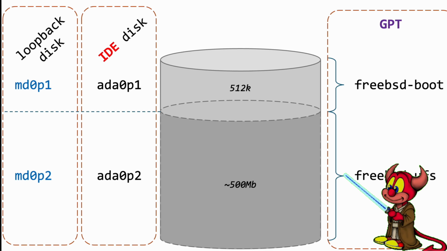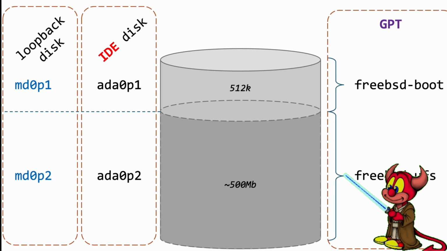And the other partition, which is about 500 megabytes, is going to have a FreeBSD UFS file system. For this, I'm going to use a file in the machine to create the disk, and I'm going to use the loopback device. The first partition is going to be called md0 partition 1 and the lower one md0 partition 2.